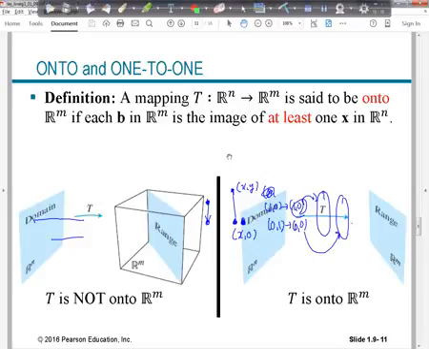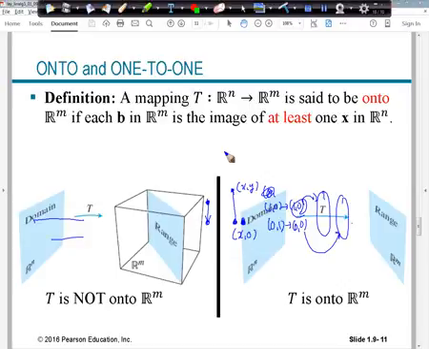Okay, finally, we reached onto and one-to-one, and I believe I explained this concept of one-to-one and onto well. So let's read through the formal definition of onto and one-to-one.